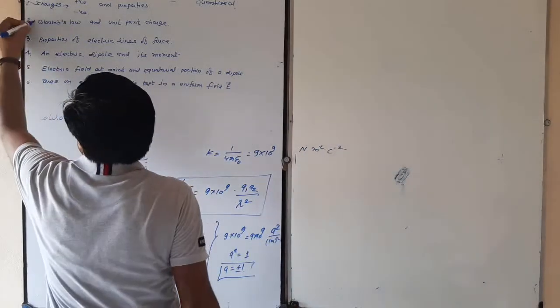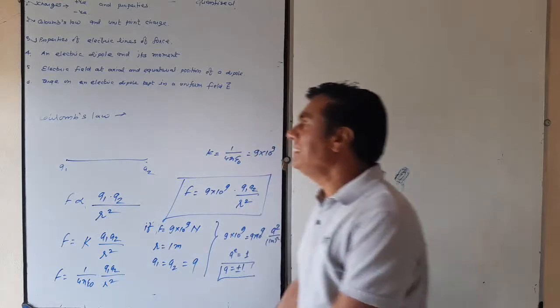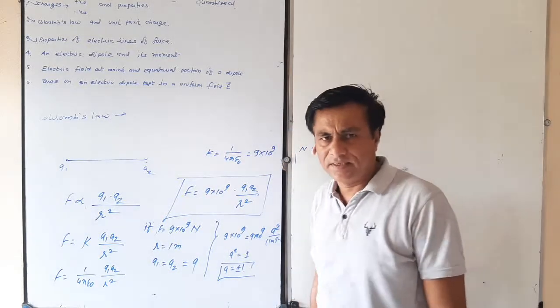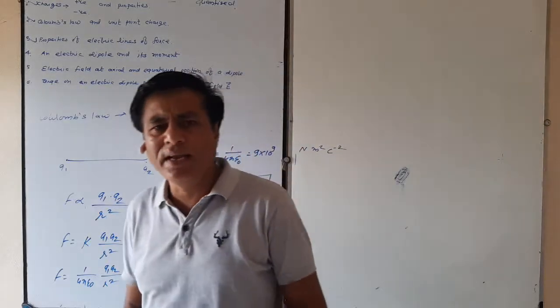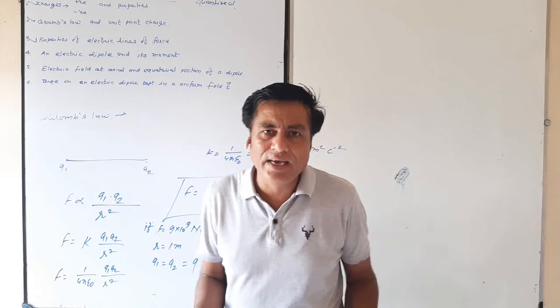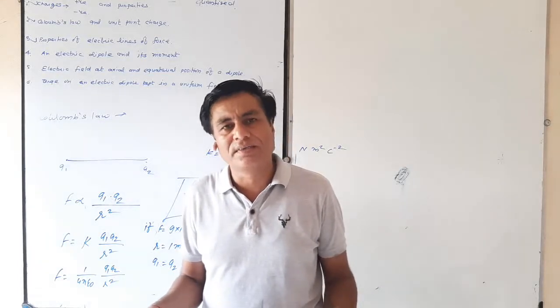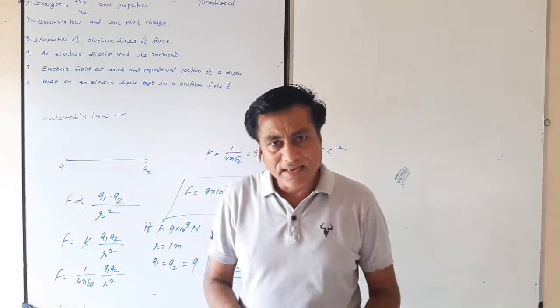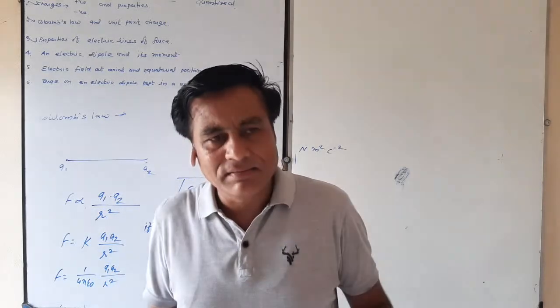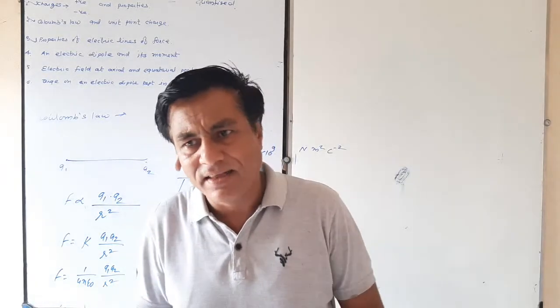Now, third point, properties of electric field lines of force. First, my question is, what do you mean by electric field? Electric field is that space where electric lines of force exist. How can you say an electric field exists there?